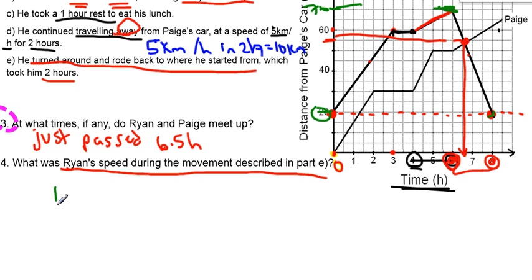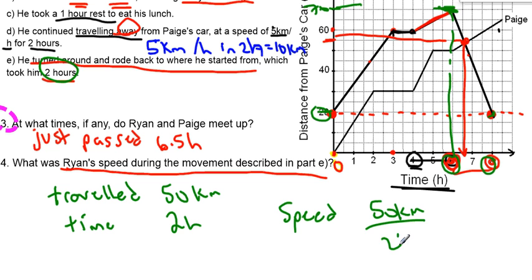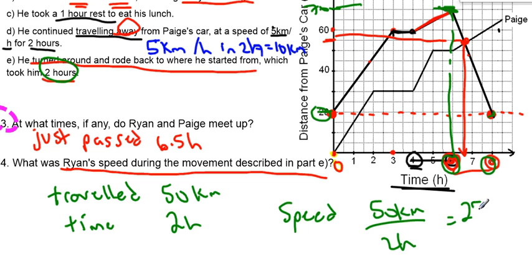So during this part, he traveled a distance of 50 kilometers. And how long did it take him? Well, we know that it took him 2 hours, and we can verify that because this part is at 6 and it ends at 8. So the time was 2 hours. So his speed would be 50 kilometers in 2 hours, and that reduces to 25 kilometers per hour.